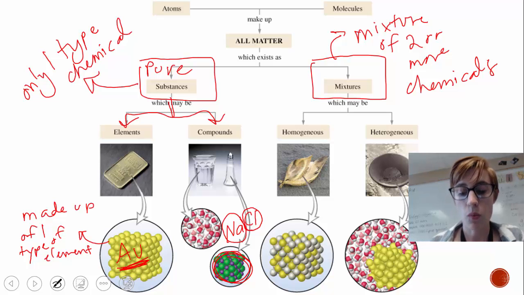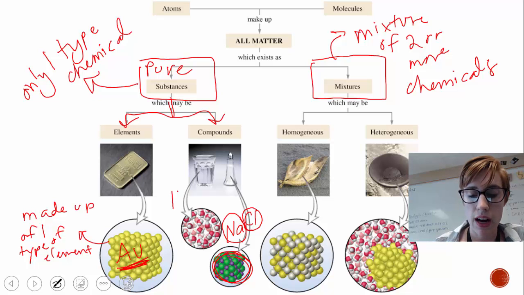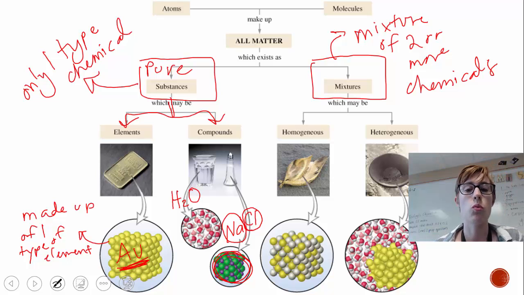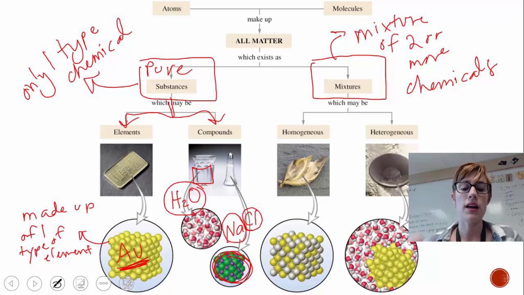Water is another example of a pure compound. It's actually made up of 2 hydrogens bonded with 1 oxygen. That's where we get the formula H2O. So this compound is only made up of water. This whole glass just has water in it, so it's still a pure substance. But the chemical that makes up the pure compound is made up of multiple different types of elements bonded together.